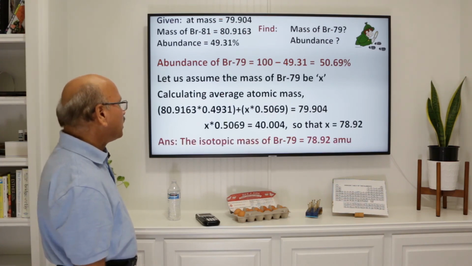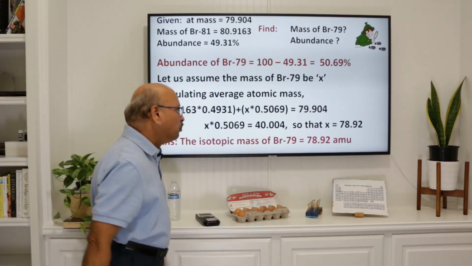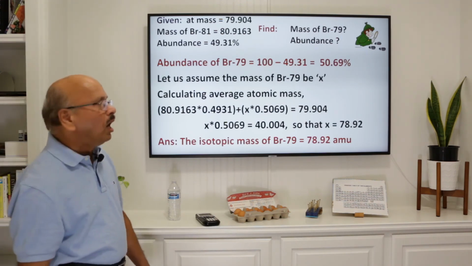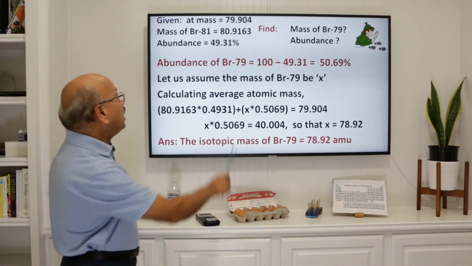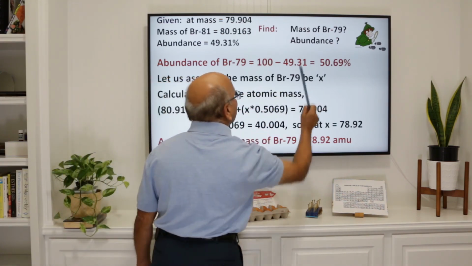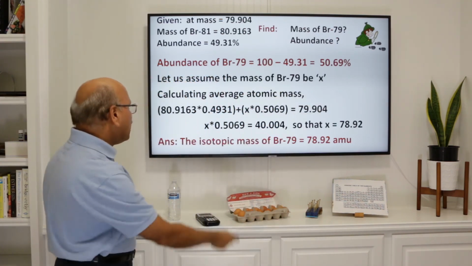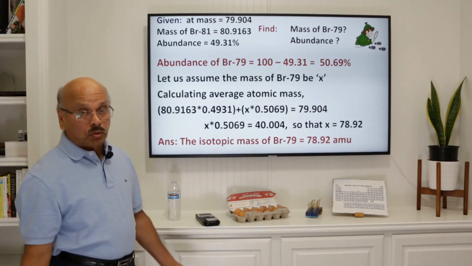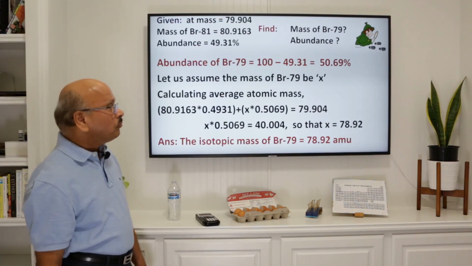Okay, so the isotopic mass of bromine 79 is 78.92. So the answers, you need two answers. The abundance of bromine 79 is 50.69%, and the isotopic mass of bromine 79 is 78.92 atomic mass unit. So that's how we calculate it.